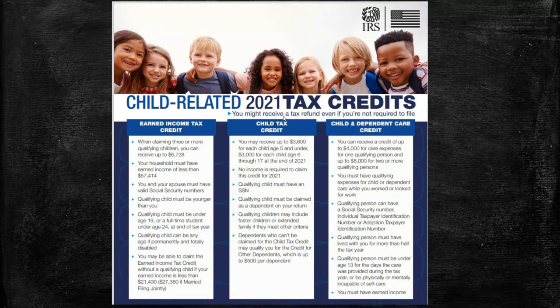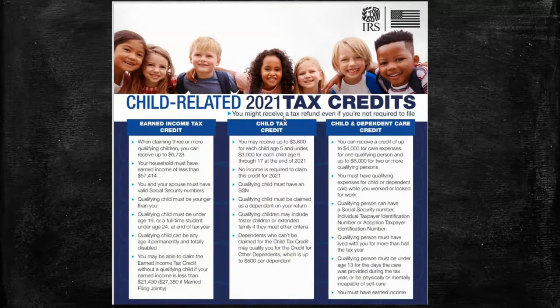So it says right here, you might receive a tax refund even if you're not required to file. So in our VITA situations, we see Social Security recipients now filing federal tax returns when they normally don't, just to claim some of these credits. Now, granted, that's if Social Security recipients still have children.